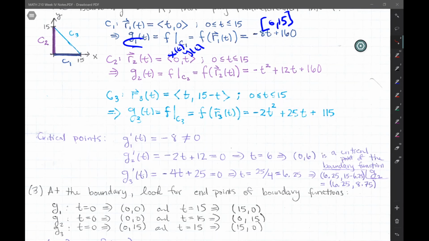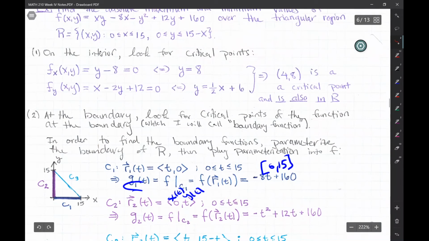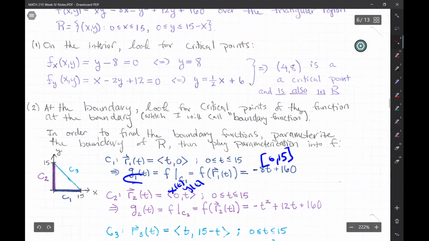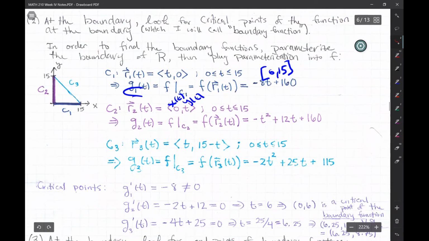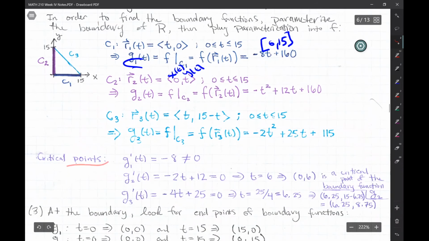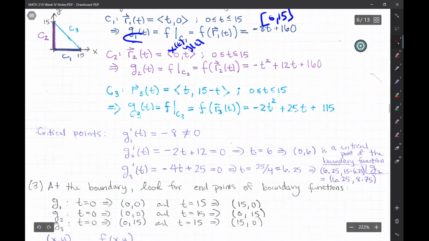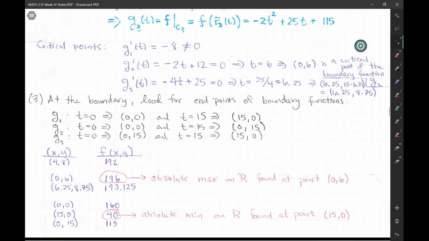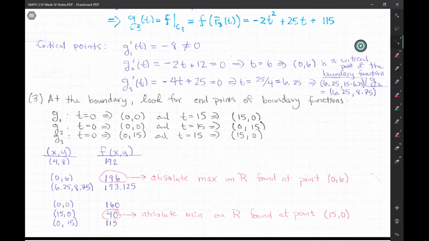Okay, so far we've considered 1, critical points of the function of two variables, 2, critical points of the functions of one variable, the boundary functions, and 3, we need to consider the endpoints of the boundary functions, or if you will, the boundary of the boundary functions.